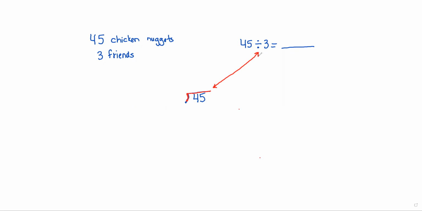The number that you have total is going to go underneath the roof. And then the number that you are dividing into goes all the way to the other side. So our 3 is going to hang out here. The number that we are trying to find is what we are going to end up with on top. That is going to be our top number.